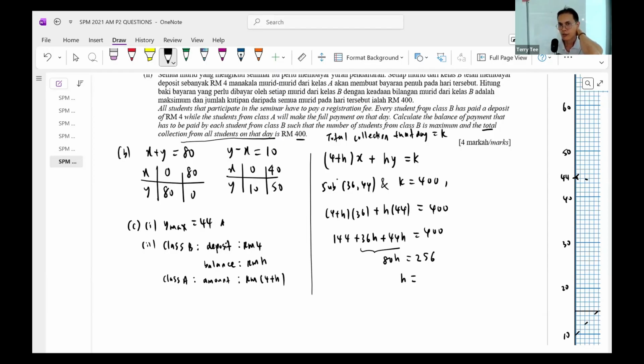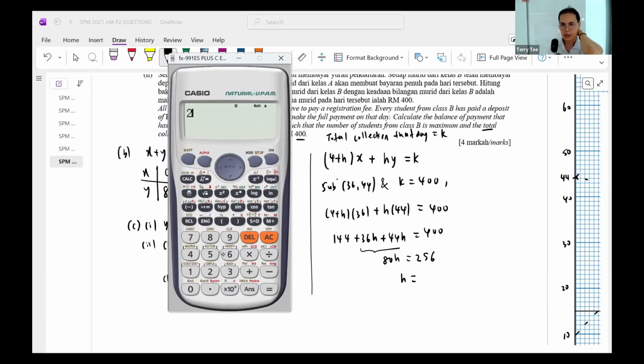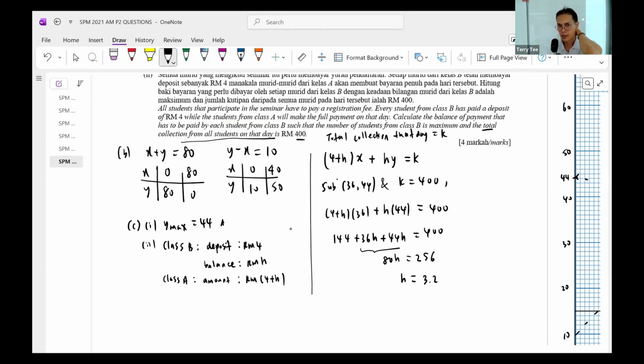So what is 256 divided by 80? You should get 3 ringgit and 20 cents. So the amount that class B has to pay on that day, you're finding the balance of payment to be collected from class B, right? It is 3 ringgit and 20 cents.